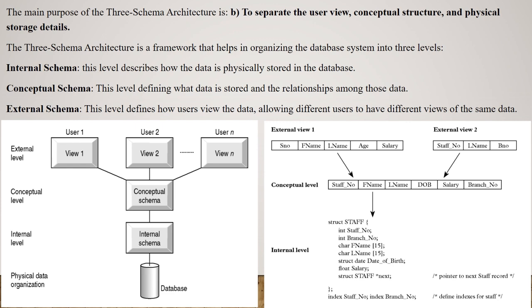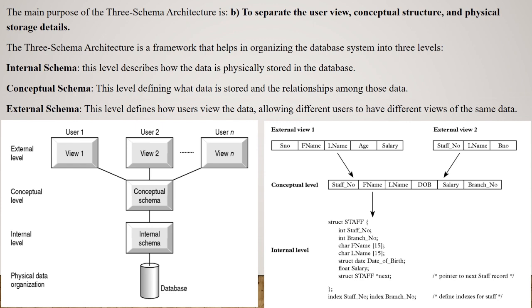And then the last one is external, which is the user view of the data that allows different users to have different views of the same data. As shown in the figure, at the conceptual level, there are the staff number, first name, last name, date of birth, salary, and branch number.